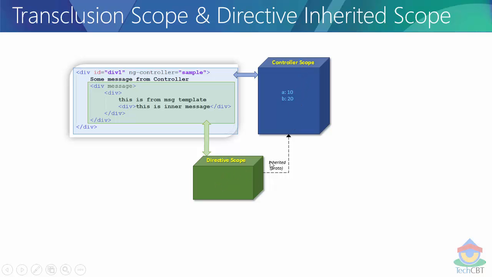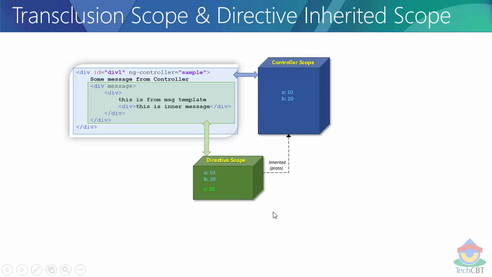So this directive scope inherits from the controller scope, and thus it has got all the members directly from the parent scope. That is nothing but A and B. And yes, this is a scope on its own. It can have its own members as well, like C or D or E or F.